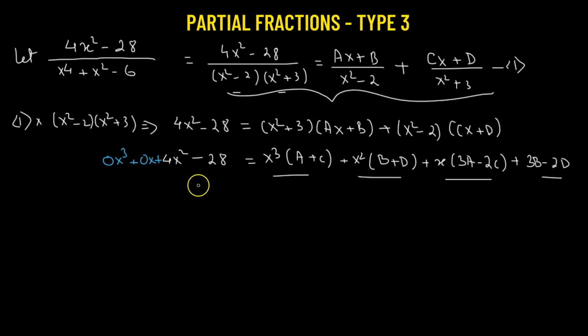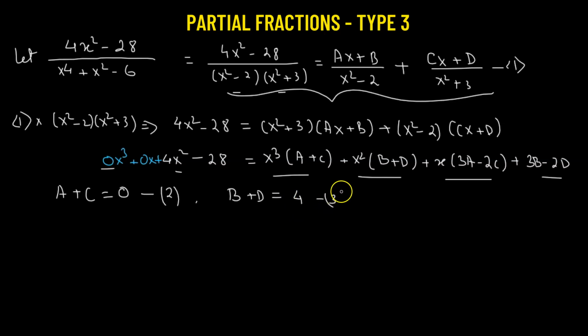This is done so that when we equate and compare both sides, we get a plus c, the coefficient of x cubed, equal to the coefficient of x cubed on the left hand side, which is 0. Let's label this as number 2. Then the coefficient of x squared, b plus d, is equal to the coefficient of x squared on the left hand side, so that's 4.